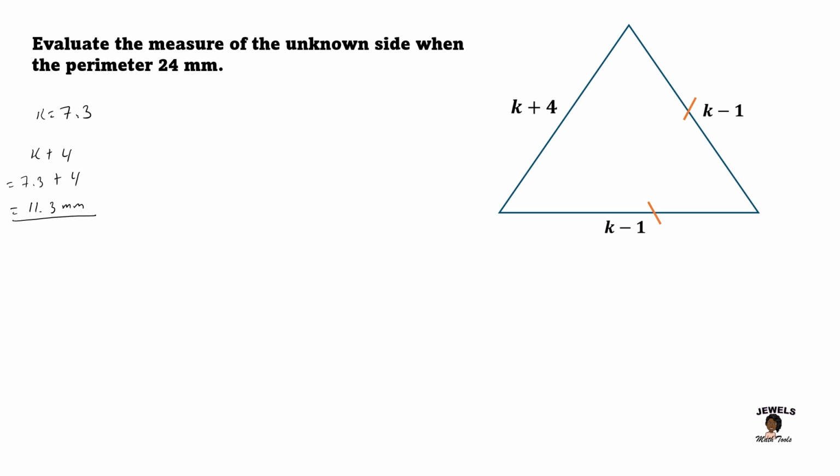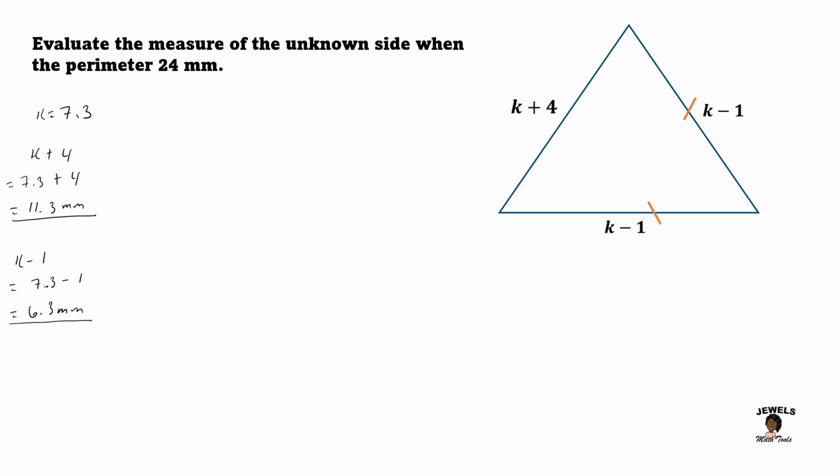Next, we'll work out our next sides, and these two sides are equal to the same amount, which means that we won't have to work the side out twice. Once will be enough, and remember that we're subtracting 1 here, which would equal 6.3 millimeters.